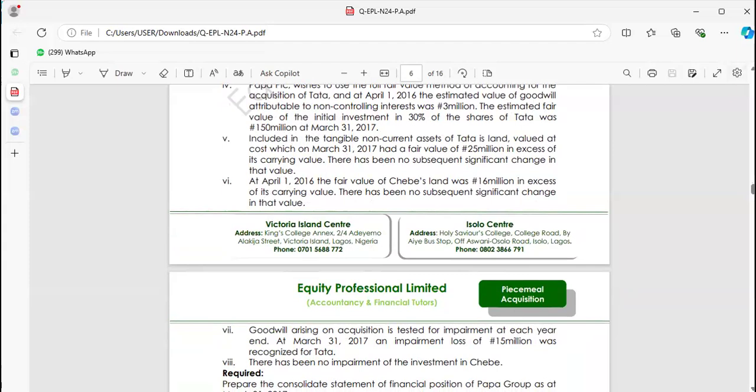On the day he has control, what is the fair value?